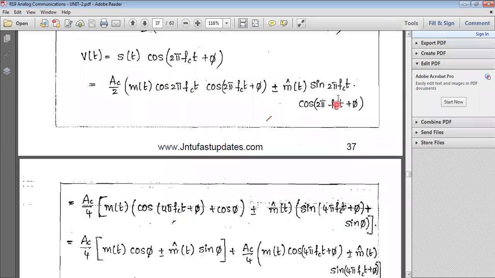Similarly, sin A cos B is sin A plus B plus sin A minus B. So it becomes sin 4 pi fct plus phi plus sin phi.